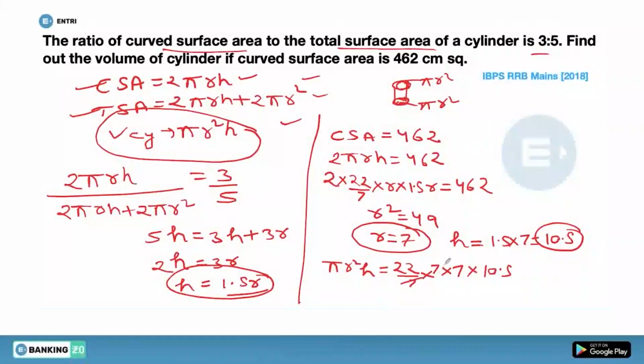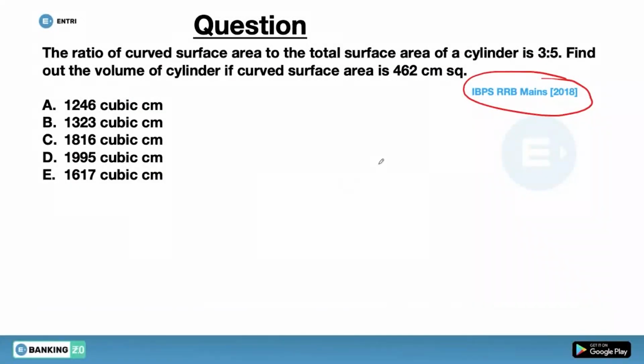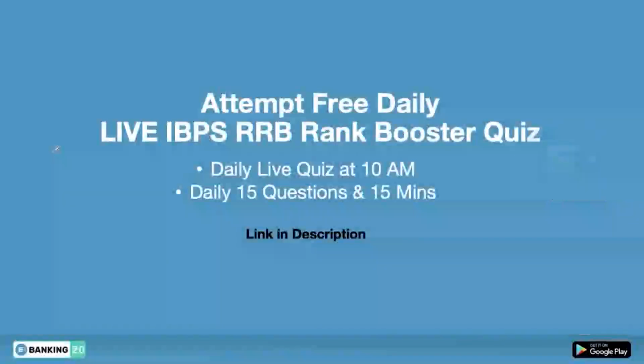Now solving this part, I'll get its volume as 1617 centimeter cube. So it was such a simple question. The only thing was that you have to keep your basics clear. And if I know all these formulas, I can easily solve this question. So what is the correct answer? The correct answer is 1617 centimeter cube. So all these were the important questions that were previously asked in the exams.